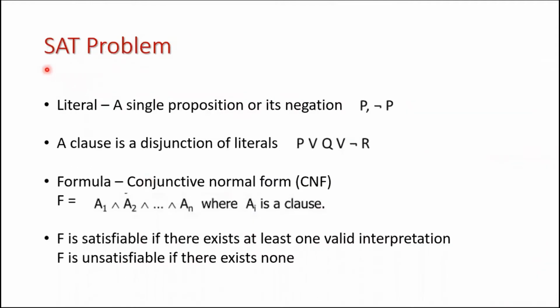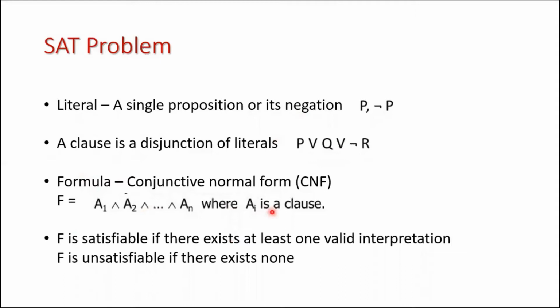Now, for SAT problem, a few notations are important. Firstly, a literal is a single proposition or its negation, which is P or not P. A clause is a disjunction of literals, which is represented by this expression here. A formula is in conjunctive normal form or CNF.